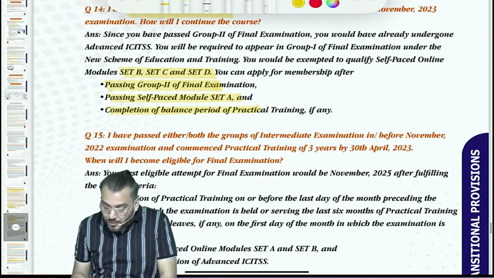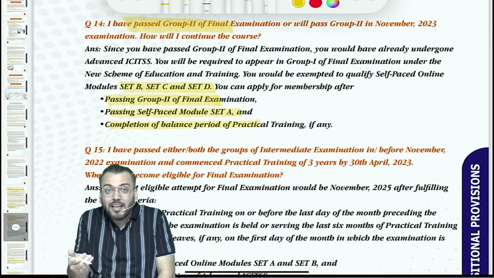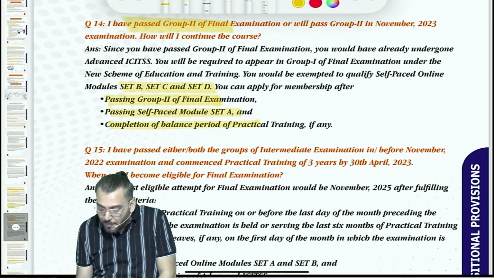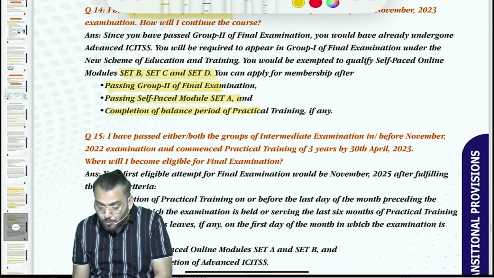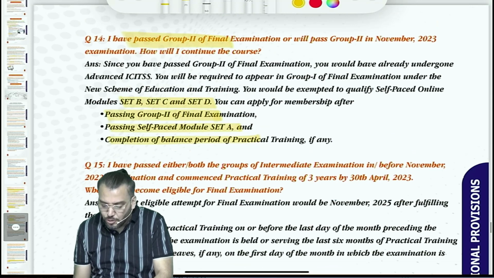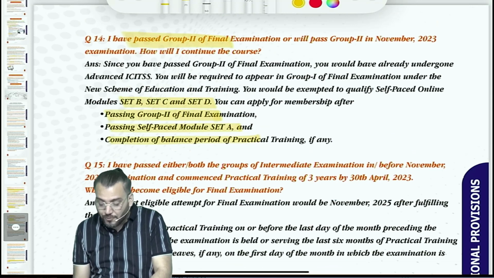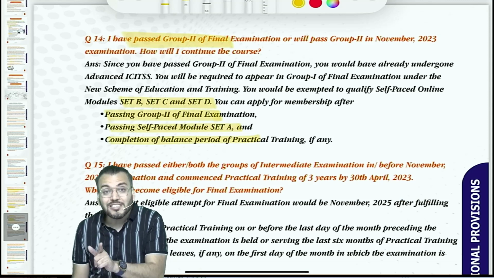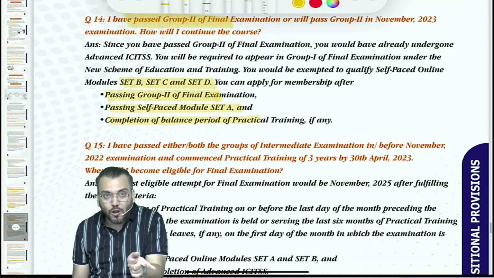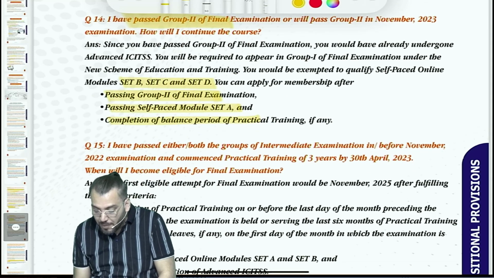Now, you can apply for membership after passing the group 1 examination and after passing self-paced module set A, corporate and economic law, the law paper, and completing the balance period of practical training, if any.